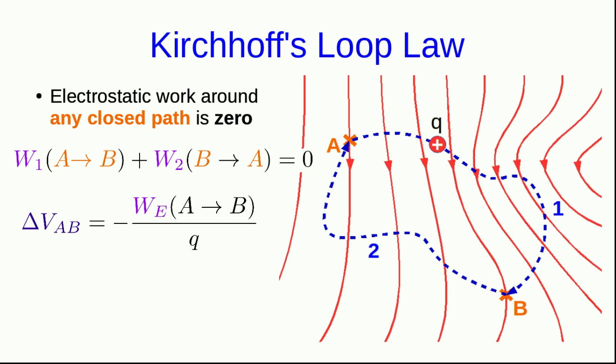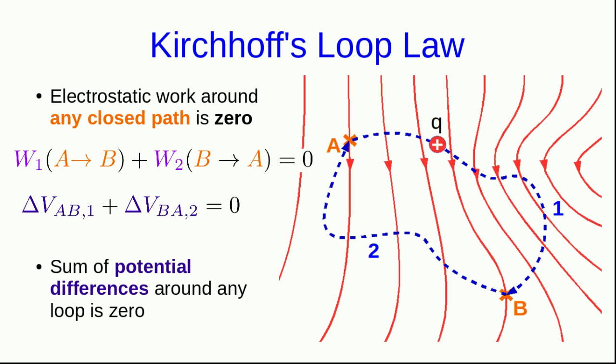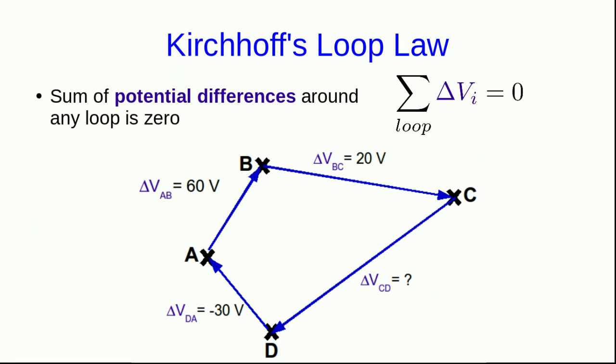Since the potential difference is just the negative of the electrostatic work along the path divided by the probe charge, that tells us that the sum of potential differences around any loop is also 0. This is something that is called Kirchhoff's loop law, and it's completely general. The sum of potential differences around any loop is always 0.